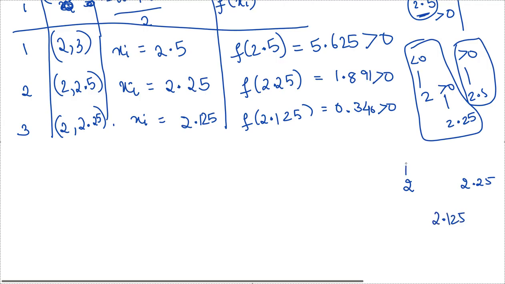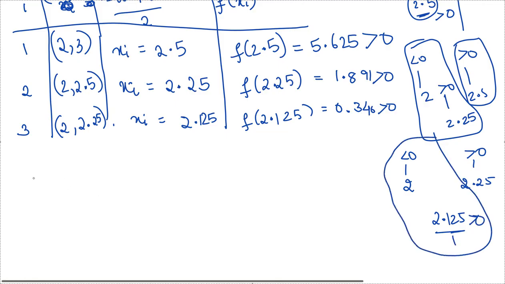So 2 was giving us less than 0, 2.25 was giving us greater than 0, and 2.125 was also giving us greater than 0. So now again we'll shrink the interval. Our fourth interval is 2, 2.125.